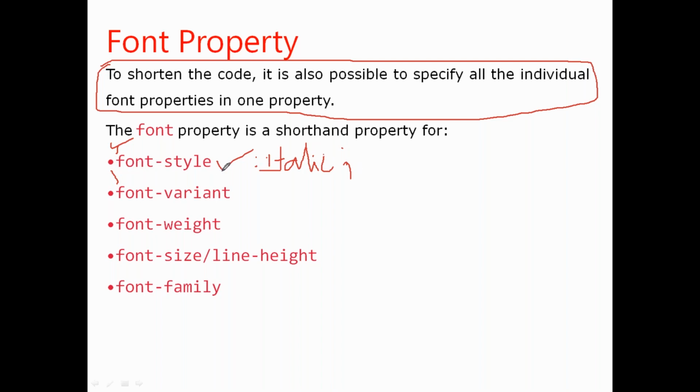I'll show you the practical also; I'm just telling the syntax of how to write the font property. Font variant you can give as sentence case or toggle case. Font weight bold. Font size you can give in any number, in pixels or percentage. Font family you can give as well. These are called the font properties.